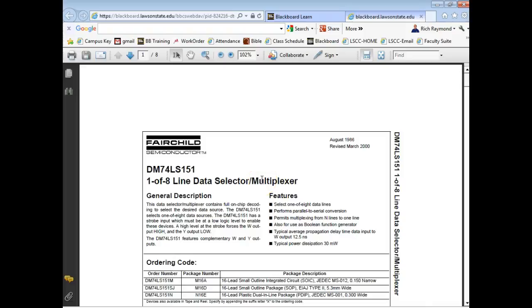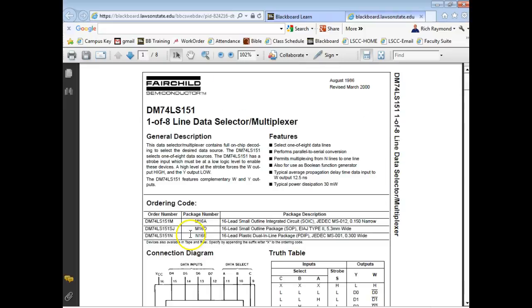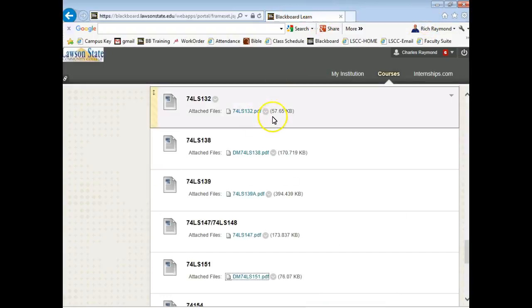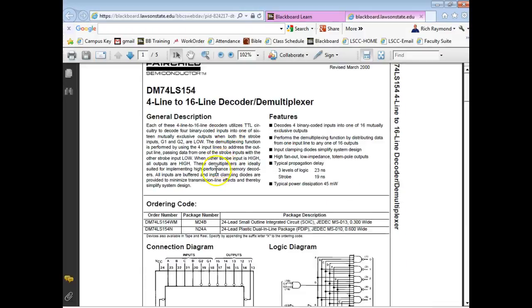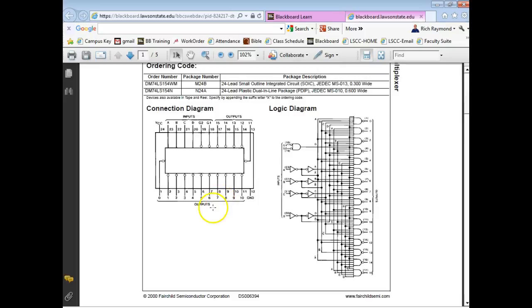So this is a decoder demultiplexer, right? Probably a 138 would work better than a 154 than what we're using here. Because here we could actually decode 16 outputs, but we're only going to use 8 of them.